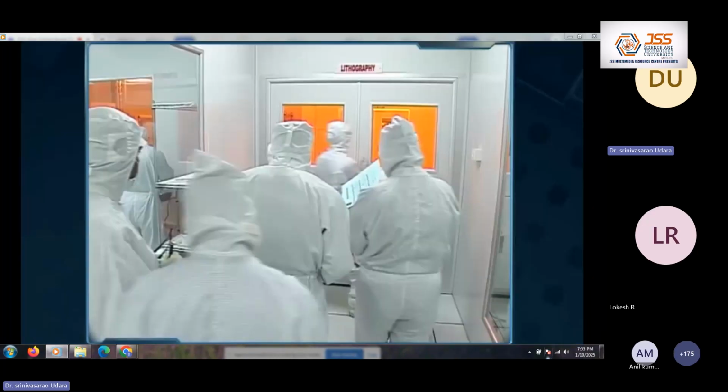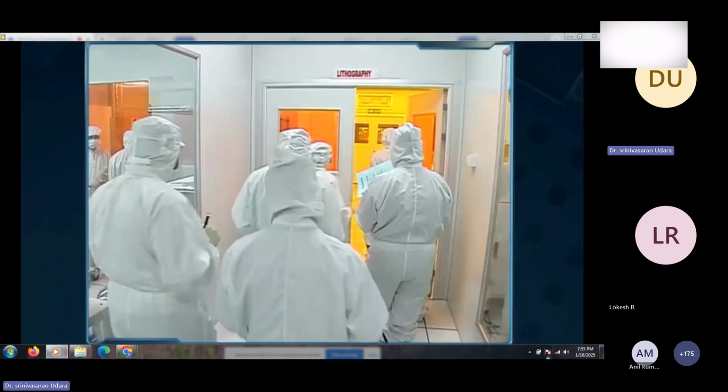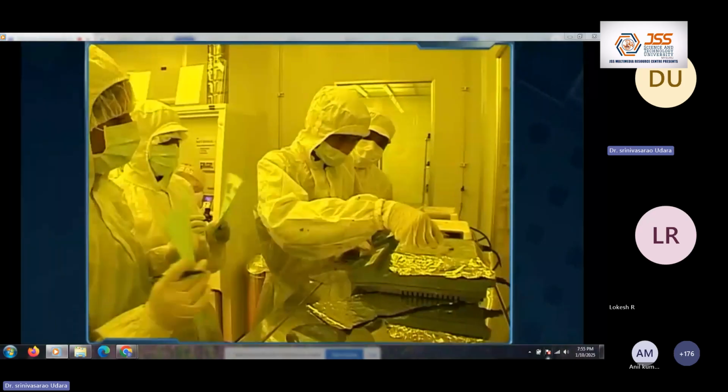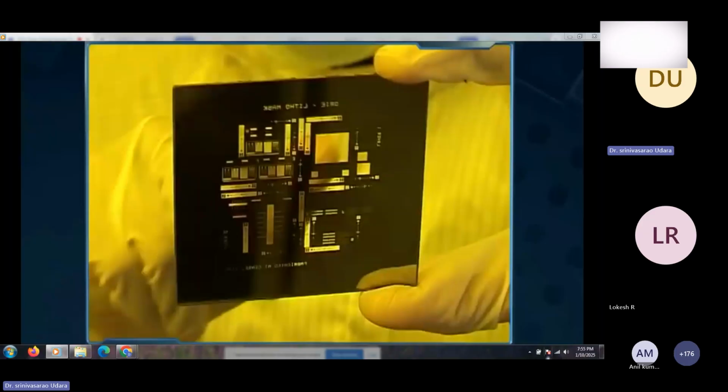For the next step, we move to the lithography bay, which has a cleanliness level of class 100. Here, we shall transfer cantilever patterns from a glass mask onto the cleaned wafers.